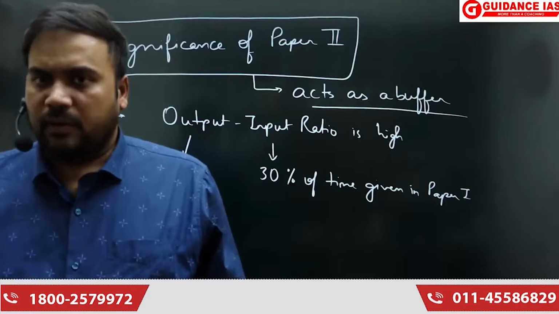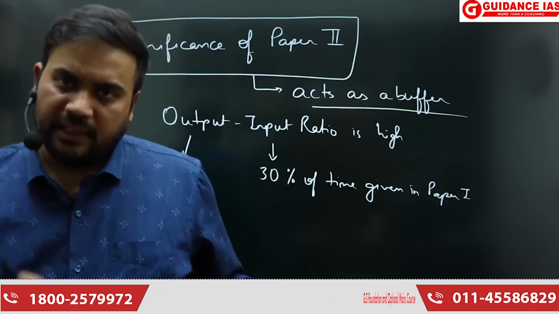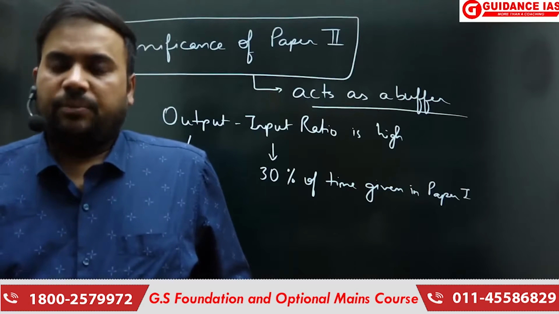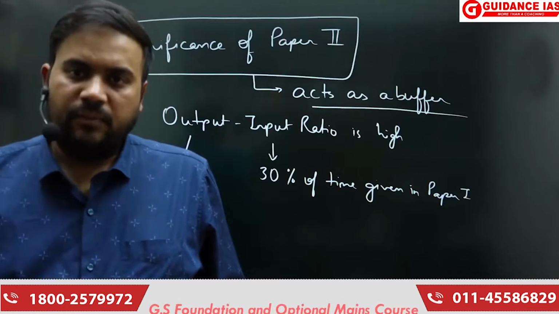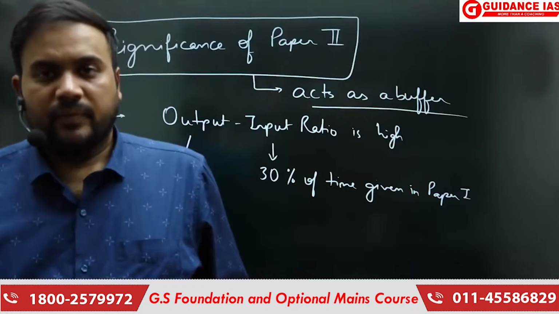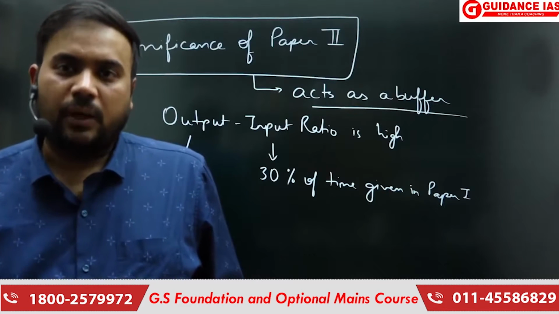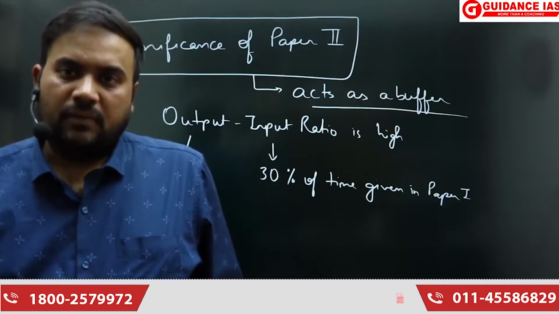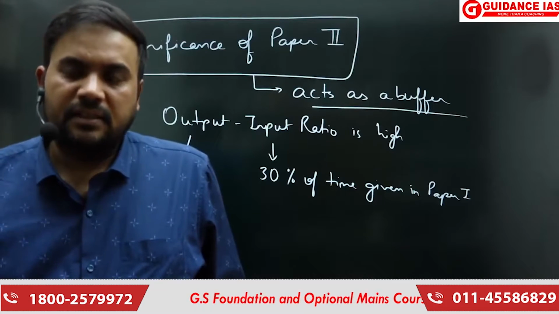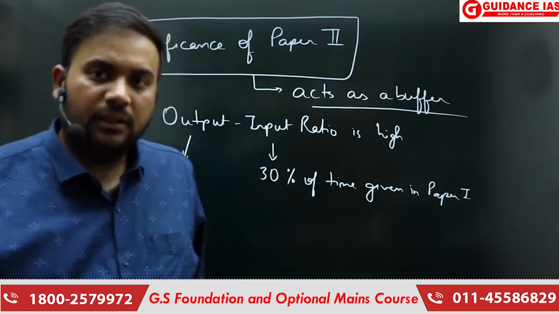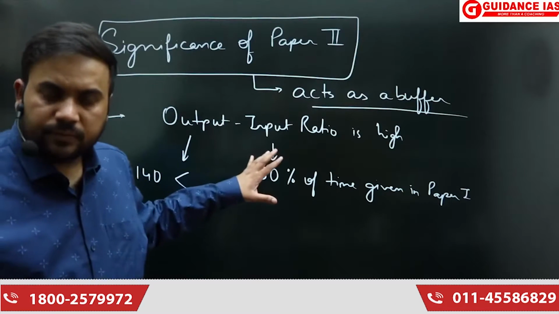You can score good marks in paper 2, and because of those good marks, even if you get a little less in paper 1, because paper 1 tends to be very fluctuating, sometimes very tough, sometimes easy, paper 2 can help you cross the marks required to get a decent score, or a high score in the optionals. Okay, so that is the very important role of paper 2.